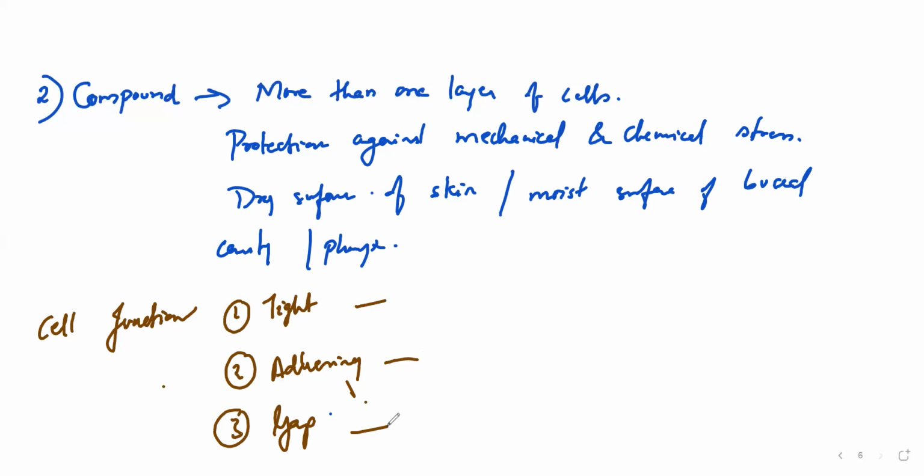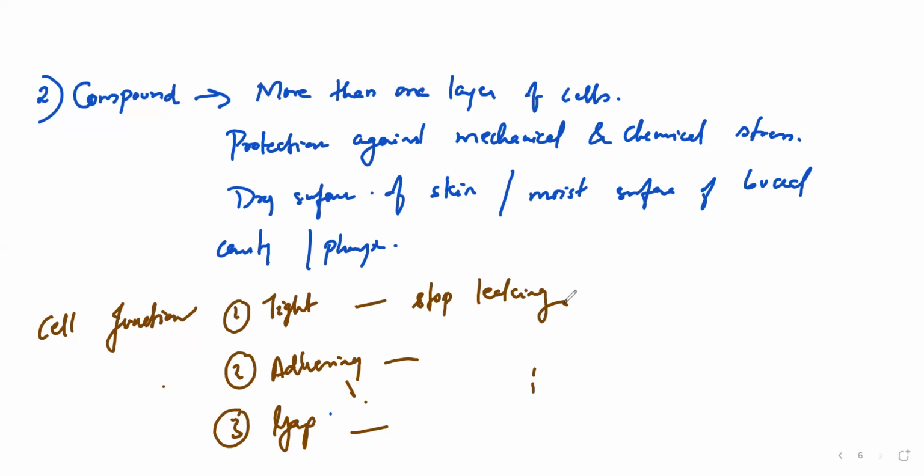Tight means the cells will be tightly held, which helps to stop leaking of substances from a tissue. The second one is adhering. Adhering means to bind.